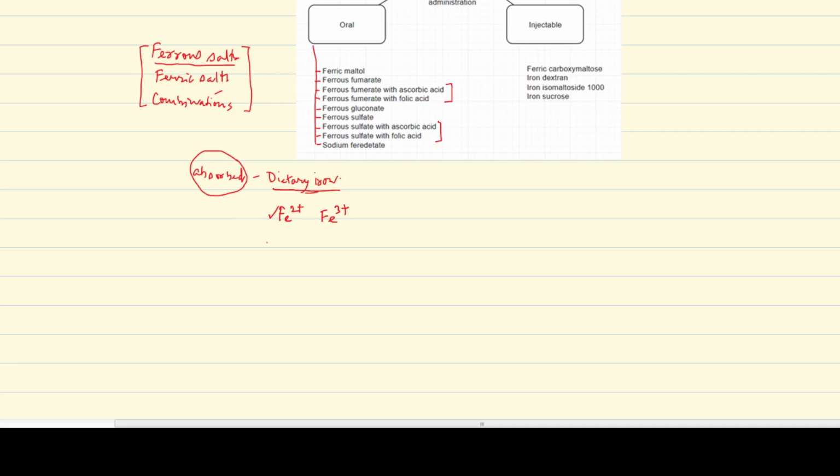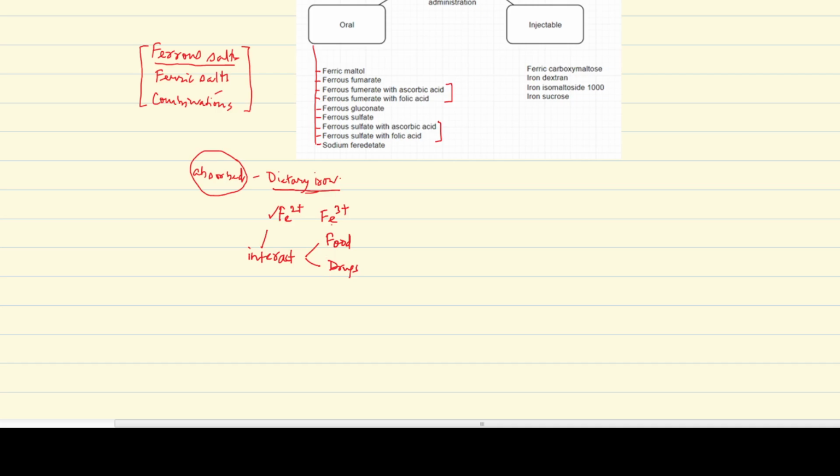So there can be drug interactions. Okay? So dietary iron can interact with food constituents and with drugs.